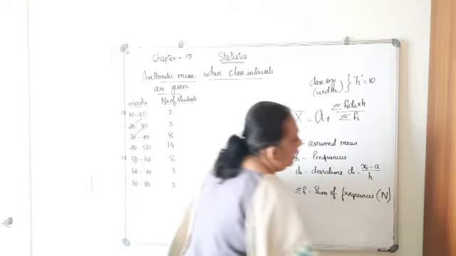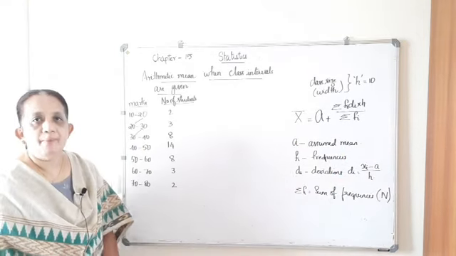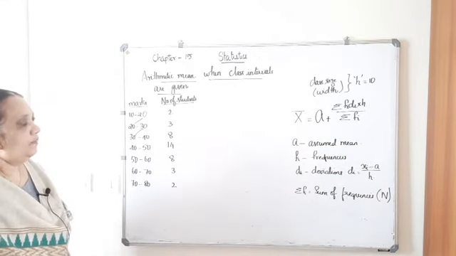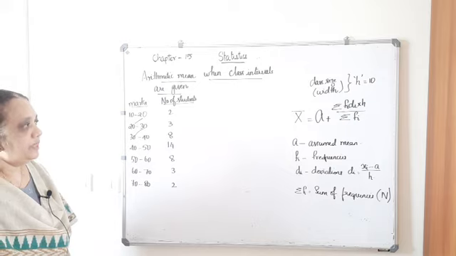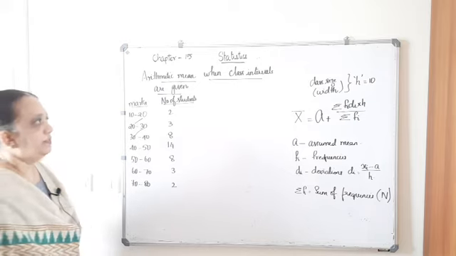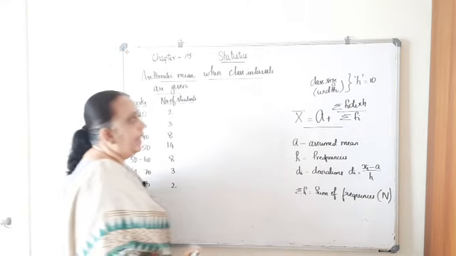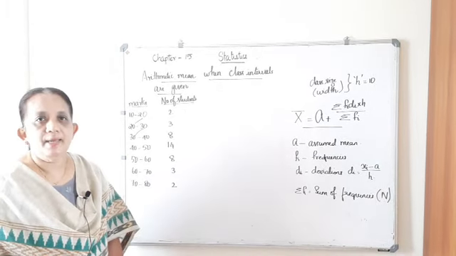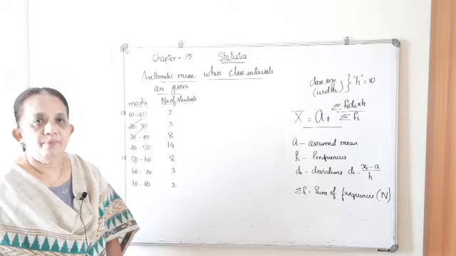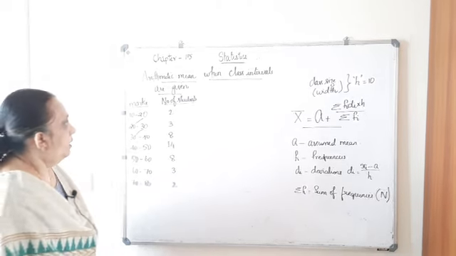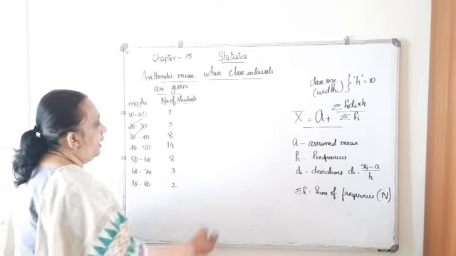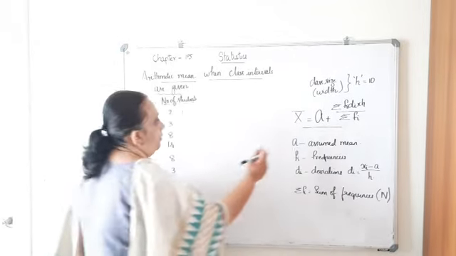Sometimes it is denoted by the capital letter N. So these are the terms that you have to find out. X bar, when class width is given, is equal to a plus sigma fi di into h divided by sigma fi.